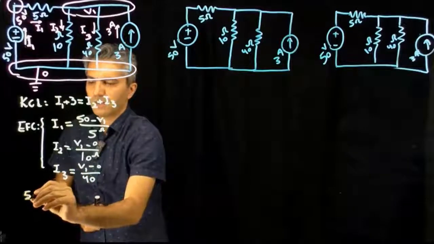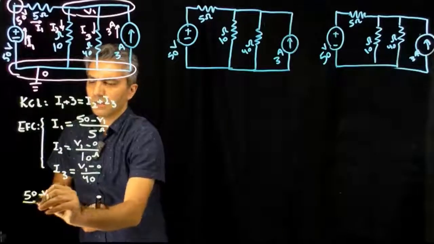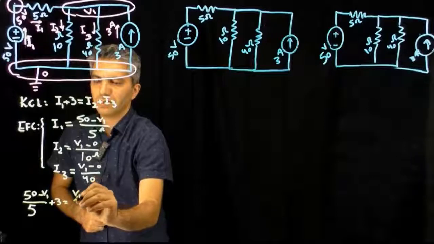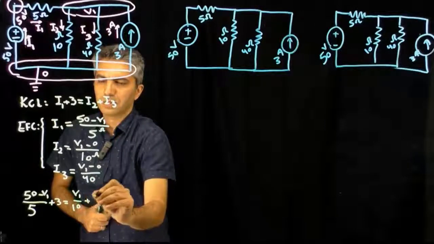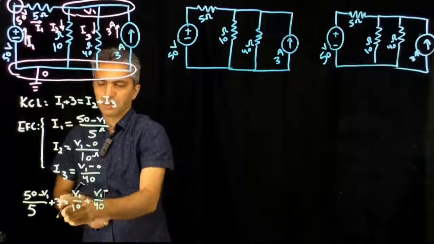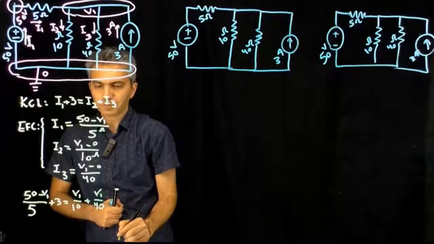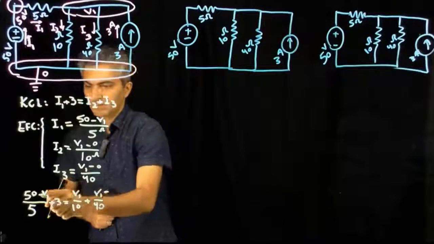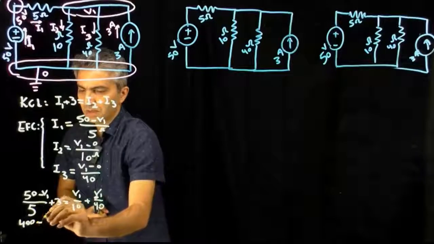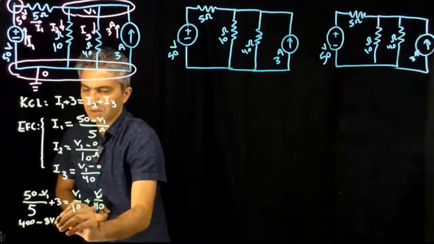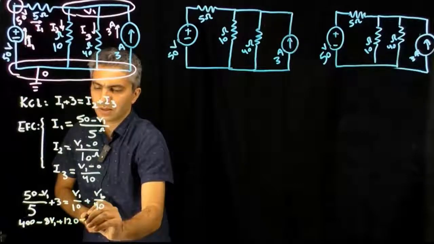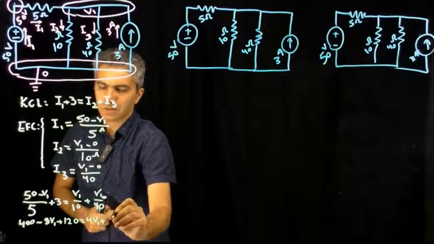So that would be (50 minus V1) divided by 5, plus 3, is equal to V1 divided by 10 plus V1 divided by 40. Now I can multiply both sides by 40. That would be 8 times 50, 400, minus 8 V1, plus 40 times 3, which is 120, equals 4 V1 plus V1.